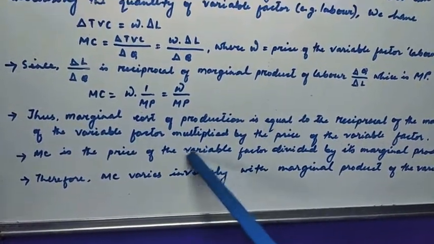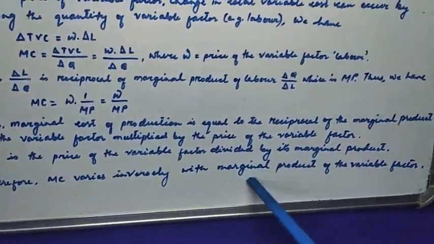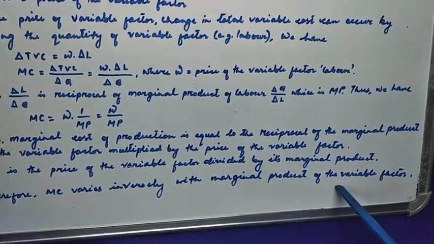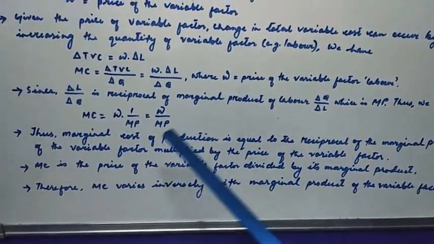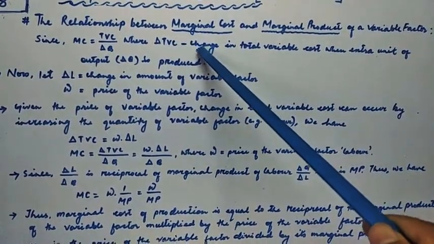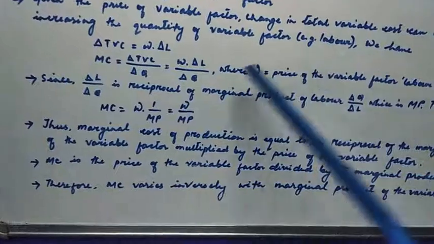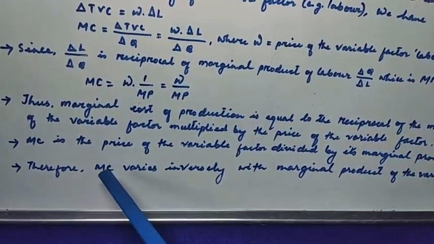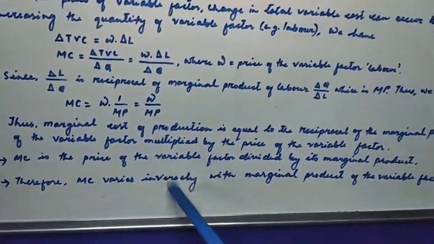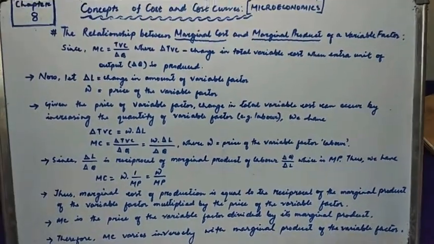So mark this point: marginal cost varies inversely with the marginal product of the variable factor. So they are inversely related when we are talking about the relationship between marginal cost and marginal product of variable factors. That is why we say that marginal cost varies inversely with marginal product of the variable factor.